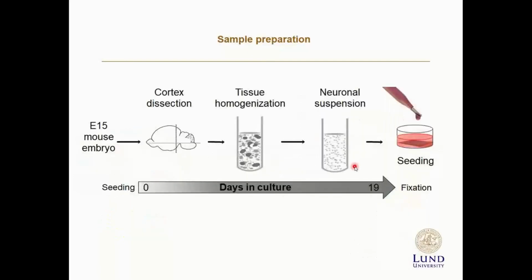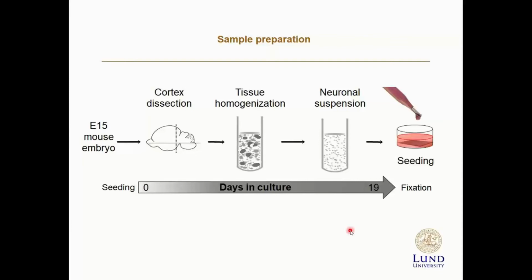So what we did, we took neurons from the mouse embryo, where the brain tissue is homogenized and a neuronal suspension is seeded on the sample substrate. Those neurons are allowed to grow for 19 days.